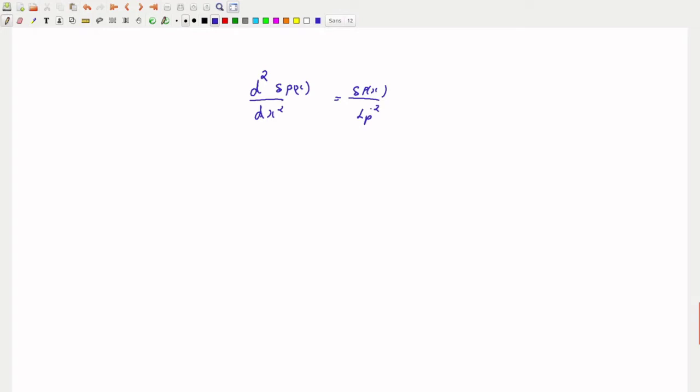As we have done for the solution of the second order differential equation, here also we are making use of that.